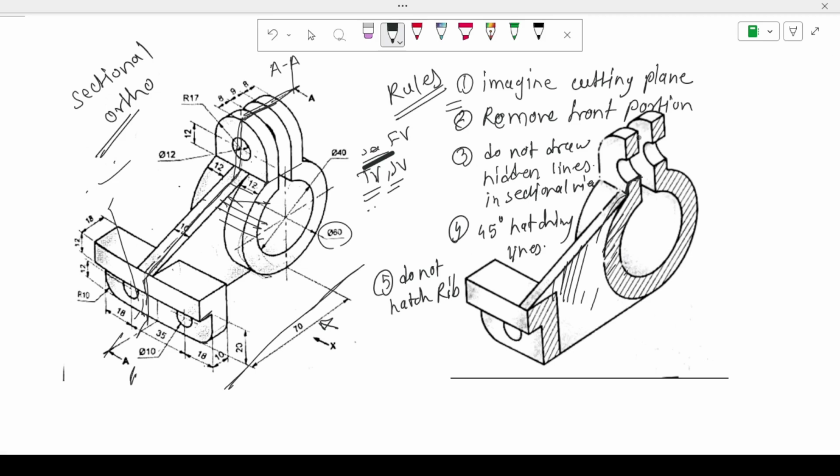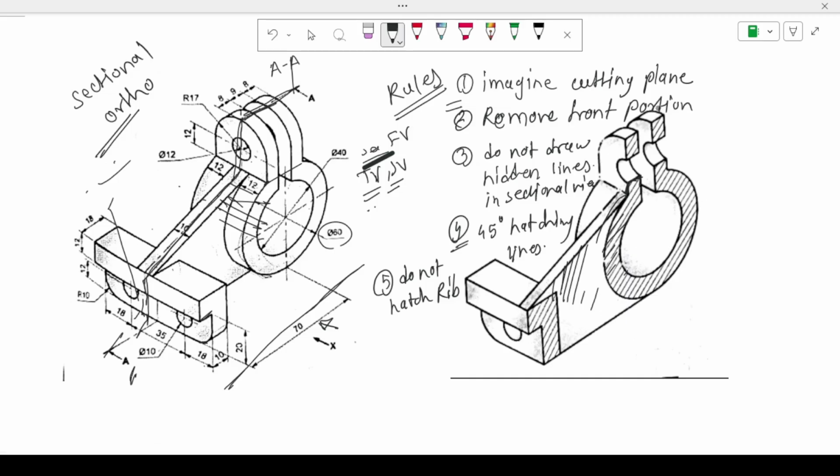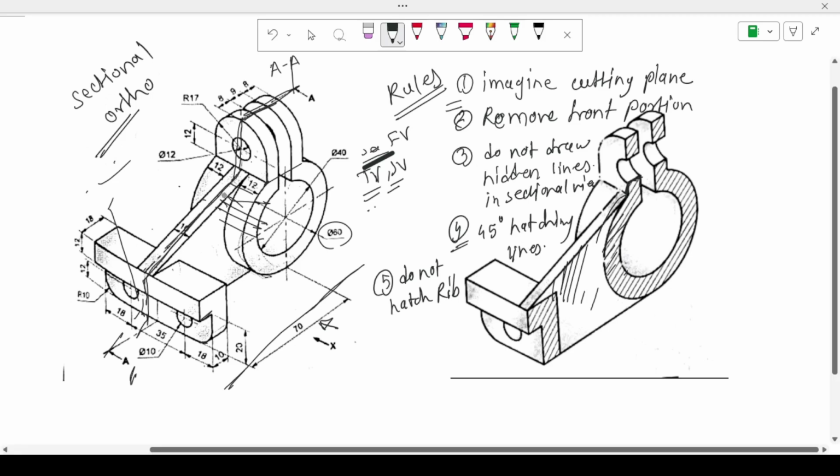Okay, and the fourth rule is the 45-degree hatching lines. Whenever the cutting plane cuts, the actual material, that portion is always shown with 45-degree hatching lines. Okay, so this is the fourth rule. And the fifth one is do not hatch the rib, because the ribs are thin supportive members.